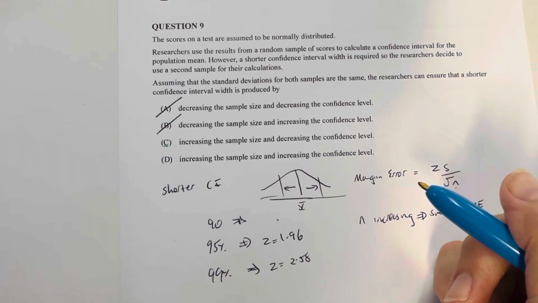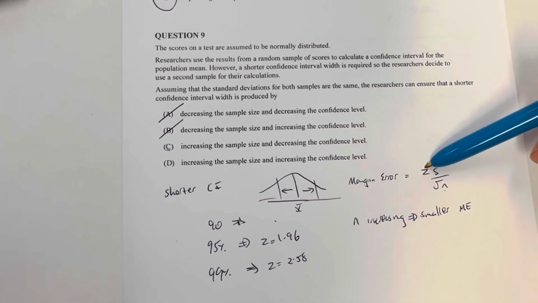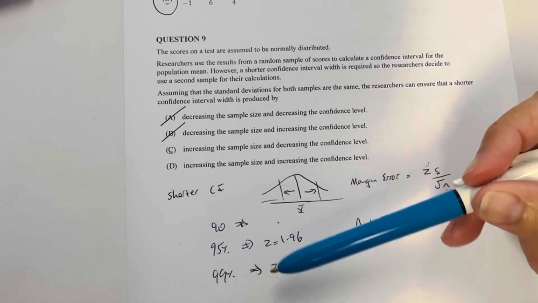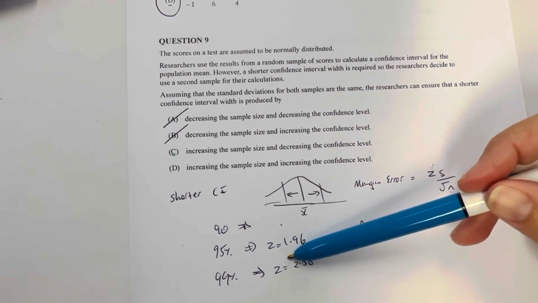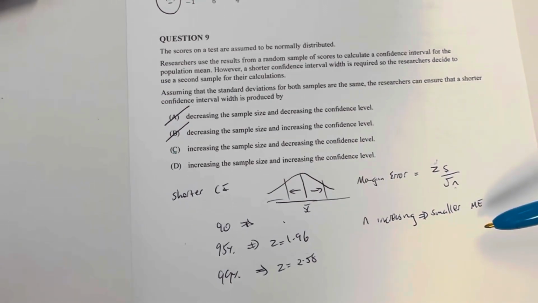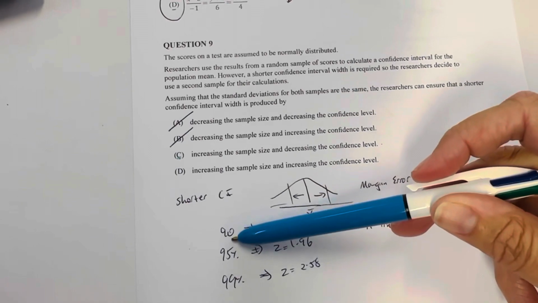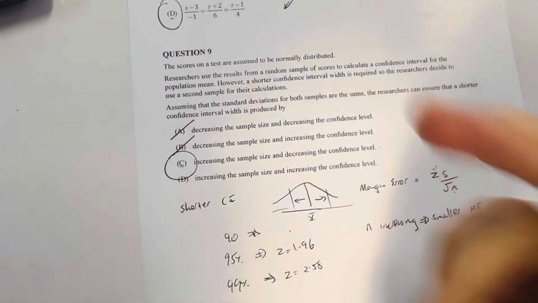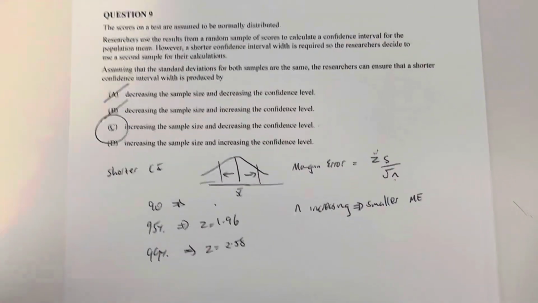I can't remember what it is off the top of my head. So this Z score, if we've got an increasing confidence level, it gets bigger. So we're going to get a bigger margin of error. If we decrease our confidence level, so it's going down to 90, Z is actually getting smaller and we're actually getting tighter. So C is our answer for that one. That might be one you need to think about a little bit later and maybe talk to your teacher about.